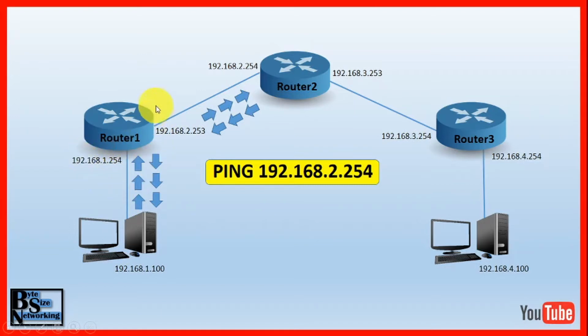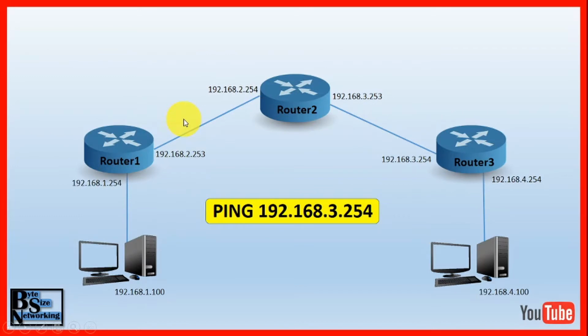Once it gets to router 1 it will see it does have an interface attached to it that has that network ID. So that request will be sent to that network ID. And once that request hits this local area network, network 2, the IP address we are pinging does reside on network 2. So we will then get a response from this interface.